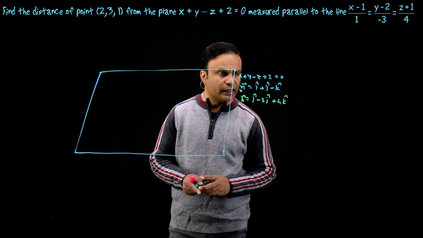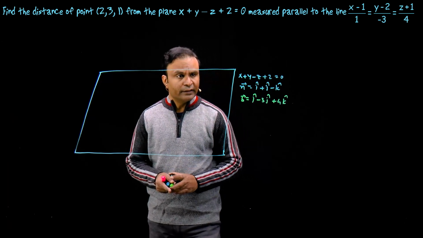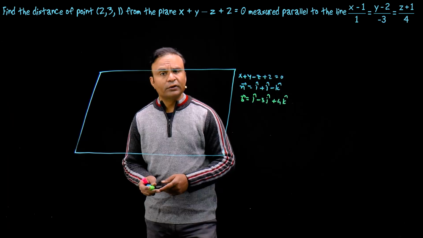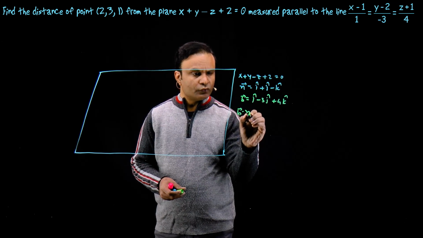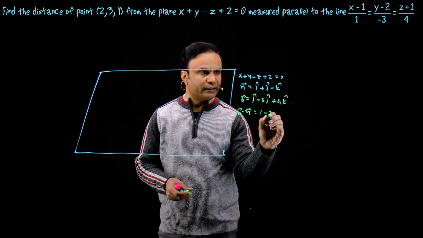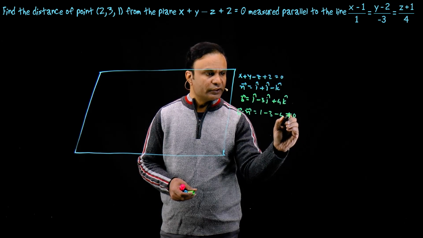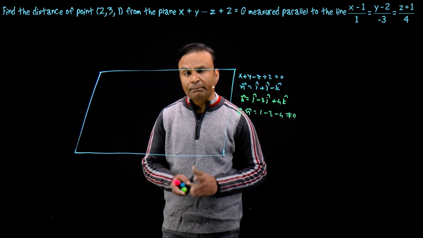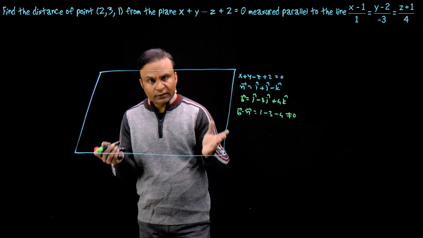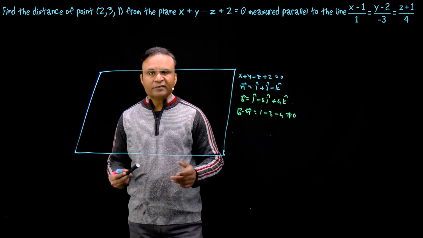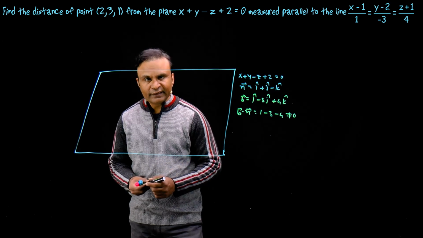Now these two vectors are not collinear, they are not parallel. That means the line is not perpendicular to the plane. Also, if we find the dot product of these two vectors, we get 1 minus 3 minus 4, not equal to 0. That means the line is not parallel to the plane. Also, we can say the line is not lying in the plane. That means the line makes some angle theta with the plane.